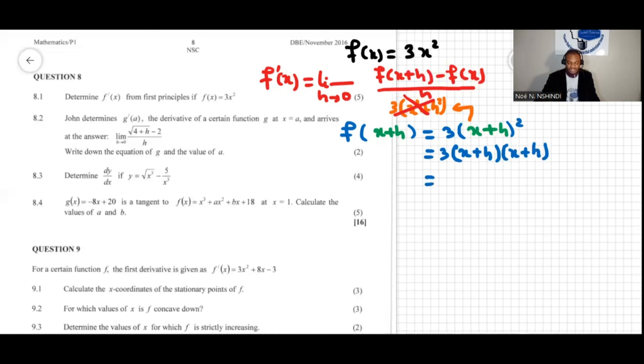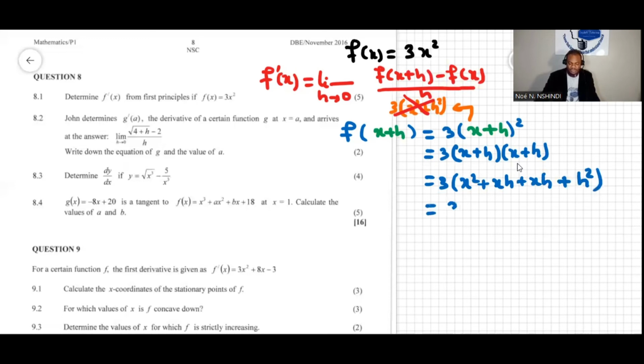Now this will be 3 open bracket. We do x times x, that makes x squared. Then x times h makes xh, plus h times x, which is hx, but I prefer to write xh because multiplication is commutative. Then plus h times h, which makes h squared.